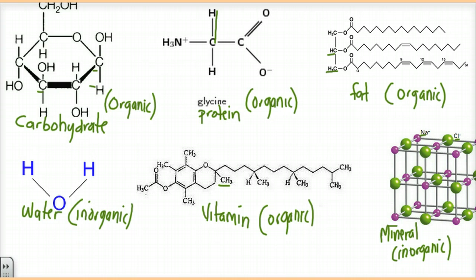So far, of the 6 types of molecules you can get from food, we have 4 organic and 2 inorganic. So we have carbohydrates, proteins, fats, and vitamins that are organic, and minerals and water that are inorganic.